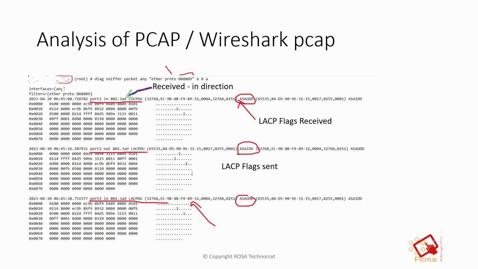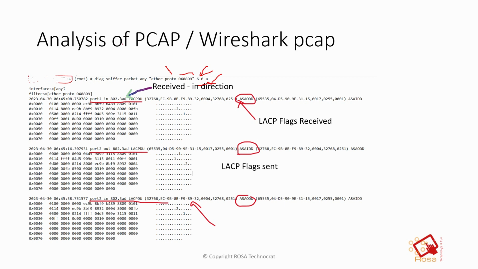Let me tell you about 6 0 A. Here 6 is the verbose level, and A is the timestamp format. A means UTC time, and if you use L, then it will take the local time from the firewall.